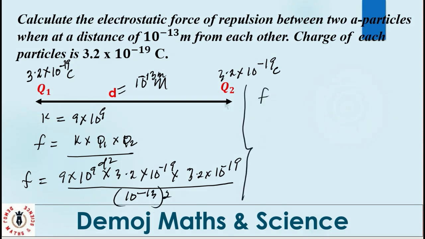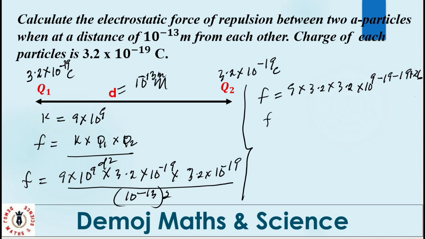So F will be 9 times 3.2 times 3.2, I'm just rearranging, times 10 raised to power 9, from indices, minus 19, minus 19, over 10 raised to power minus 13 all squared. This is 2 times 13, that's 26. Since it is in the denominator, it comes up here to become plus 26.